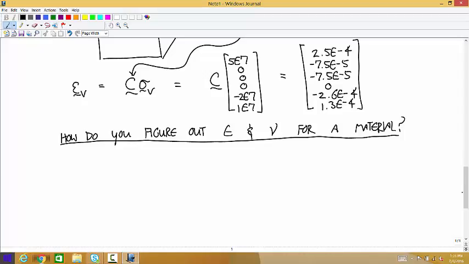Well, you do it with a tension test or a tensile test. So you've got to do it experimentally? Yeah, right. I mean, unless you don't have to do it experimentally anymore for some specific kind of steel because someone's already done it. But yes, you have to do it experimentally.